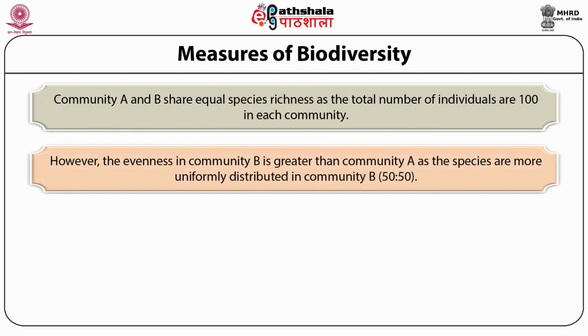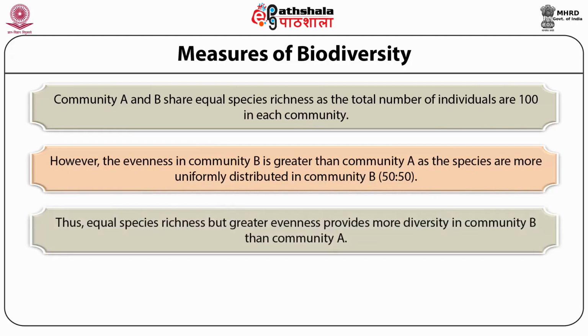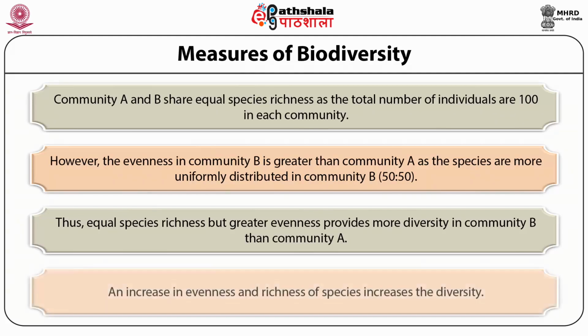However, the evenness in community B is greater than in community A, as the species are more uniformly distributed in community B, 50 is to 50. Thus, equal species richness but greater evenness provides more diversity in community B than in community A. An increase in evenness and richness of species increases the diversity.